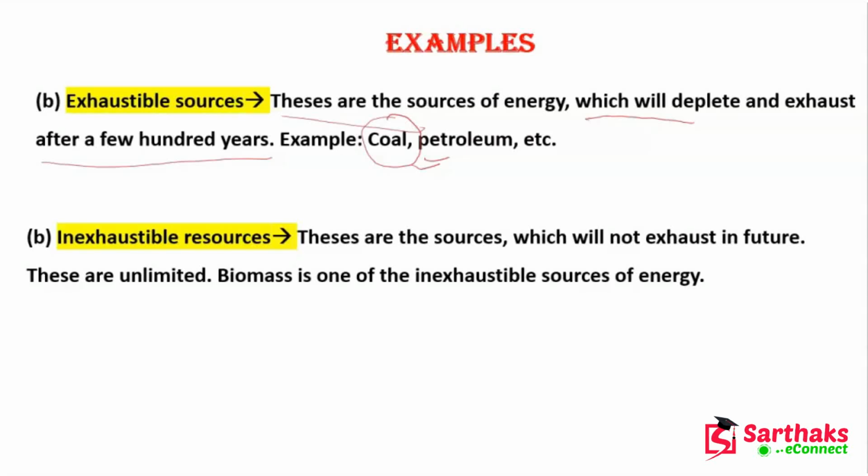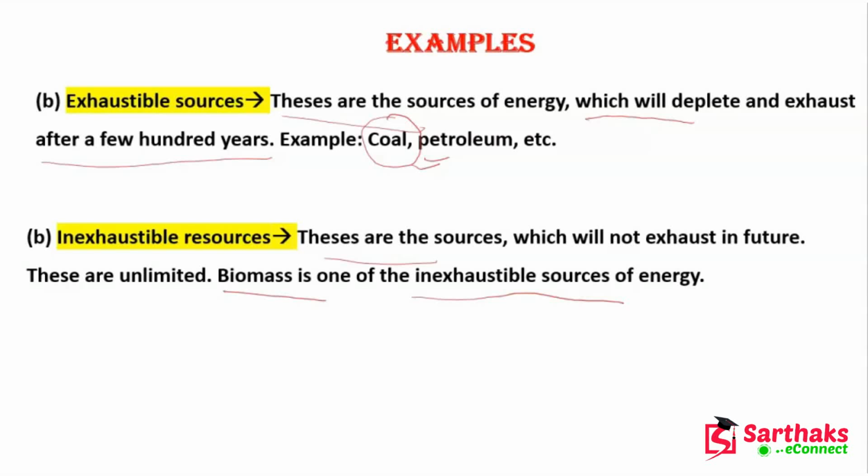They are going to finish at some point. So that's why these are exhaustible sources. Now, what are inexhaustible resources? These are the sources which will not exhaust in future. These are unlimited, like biomass, like solar energy. So these are inexhaustible resources. So I hope guys this point is clear to you.